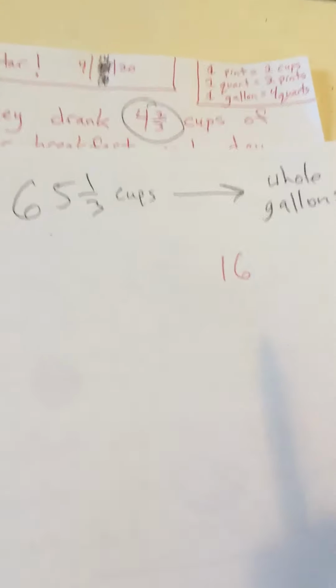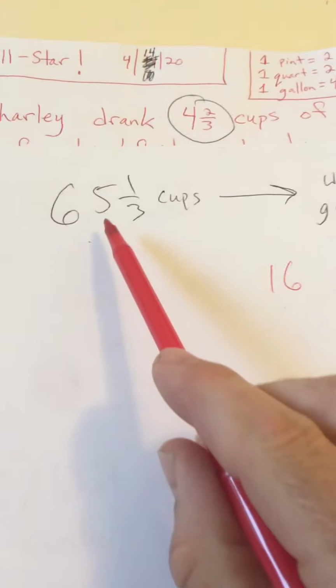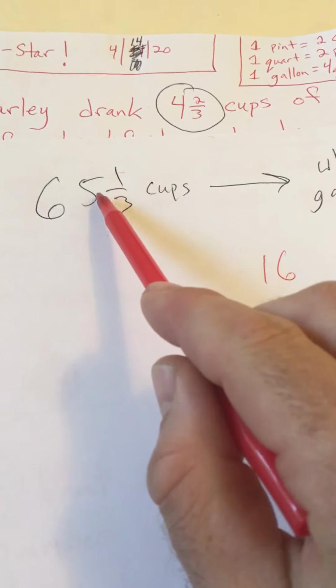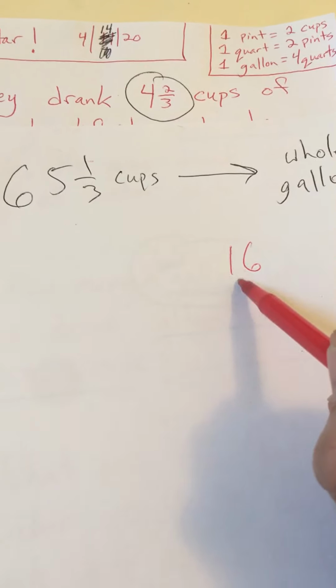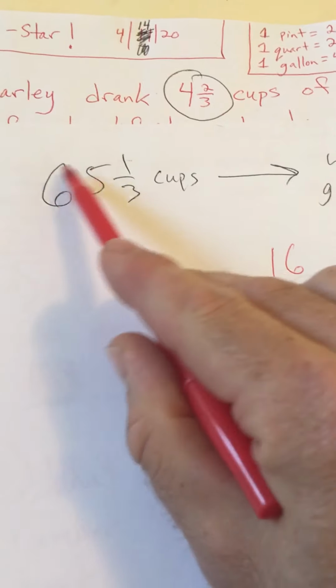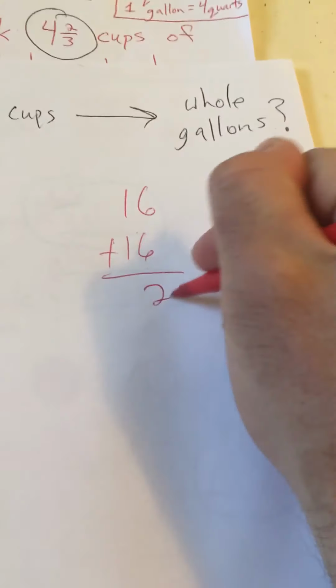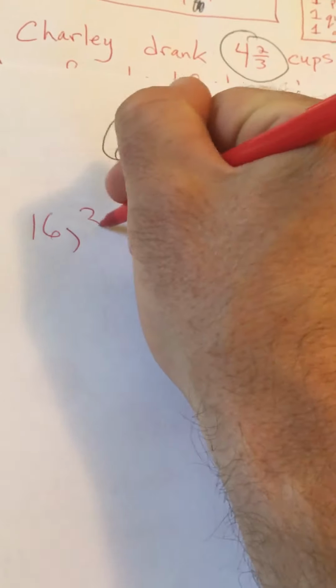So if we count by 16s, how many, right? We have 65 1/3 cups. If there's 16 cups for 1 gallon, we can count by 16s and see how many gallons we get out of this. So 16 plus 16 is 32. Let's just make a list of 16 cups. 2 gallons would be 32 cups.